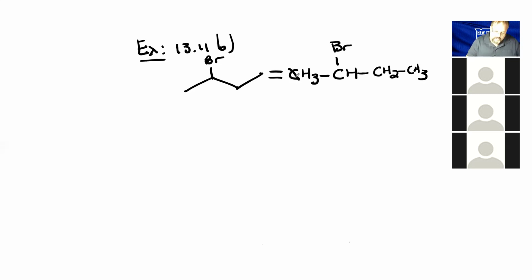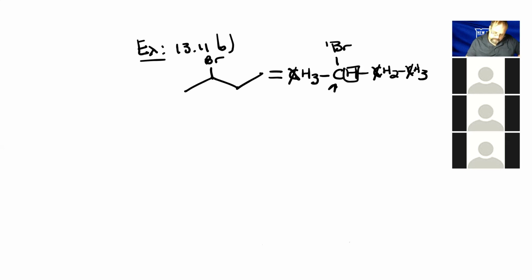Okay, based on the shortcuts, we can take out the CH3s and the CH2 right away. So what does it leave us with? It leaves us with this one carbon right here. Is that carbon chiral? Again, if we're doing this properly, what are the four things attached to this carbon?